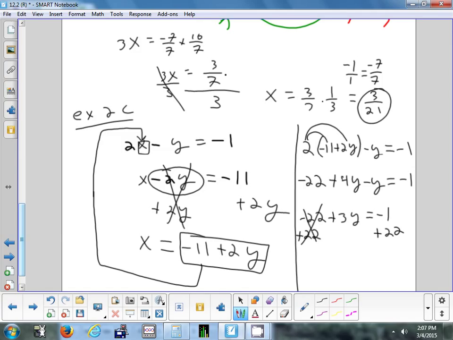Okay, now Spencer, can you tell me what my equation is going to be now? 3y equals, how'd you get 21? You took negative 1 and added 22? Or 22 minus 1? Yeah, you can do it that way, that's fine.